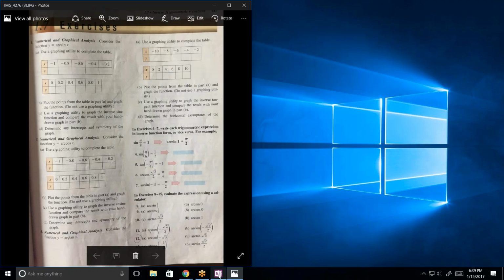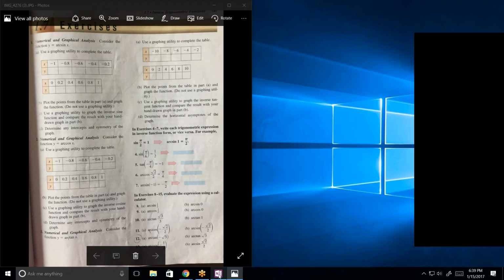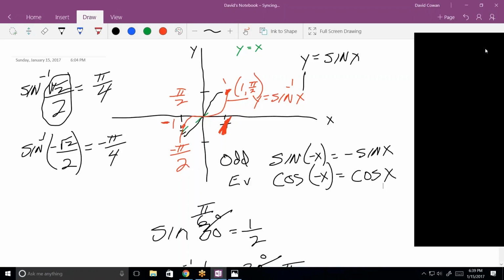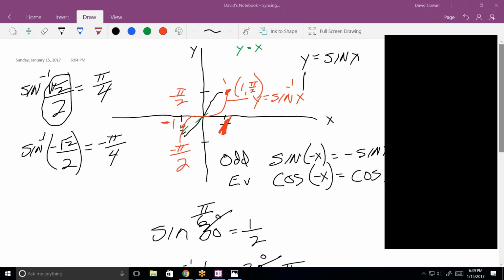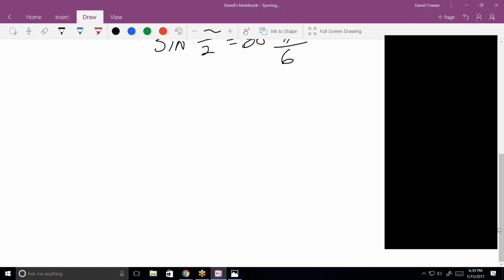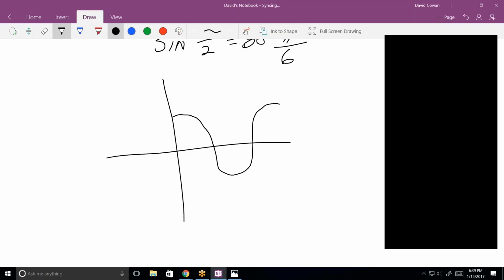on the inverse function, but just out of curiosity, it does have symmetry on the function itself. In other words, if I draw the cosine curve, it looks like that, but if I keep drawing it on both sides, notice that it has perfect symmetry with the y-axis.